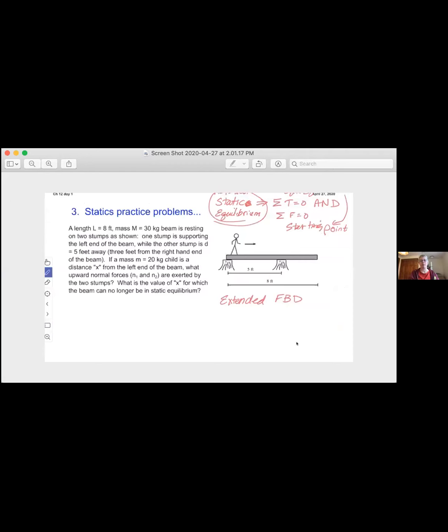I think probably we should draw that extended free body diagram and then look at the force and torque. So I'll get out of your way.